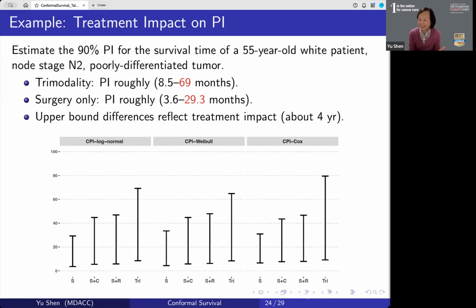We can't really randomize those patients, even if they have similar tumor biology and characteristics, and say that you're randomized to surgery alone and another is randomized to trimodality.